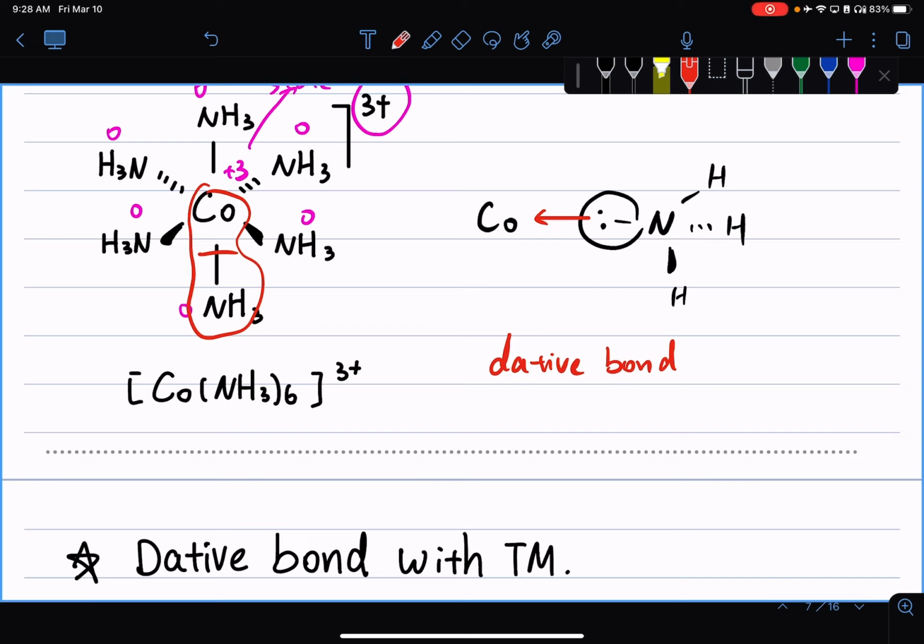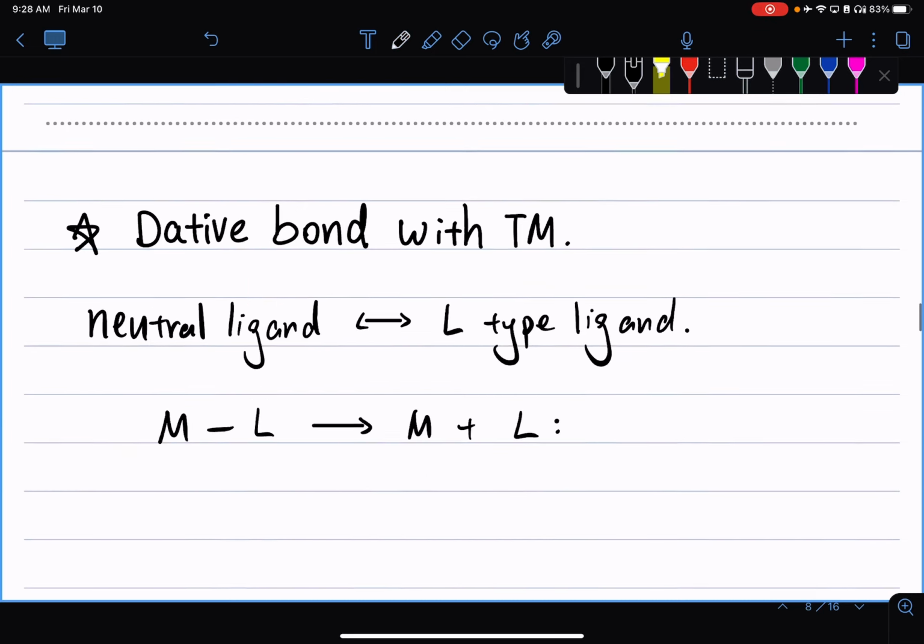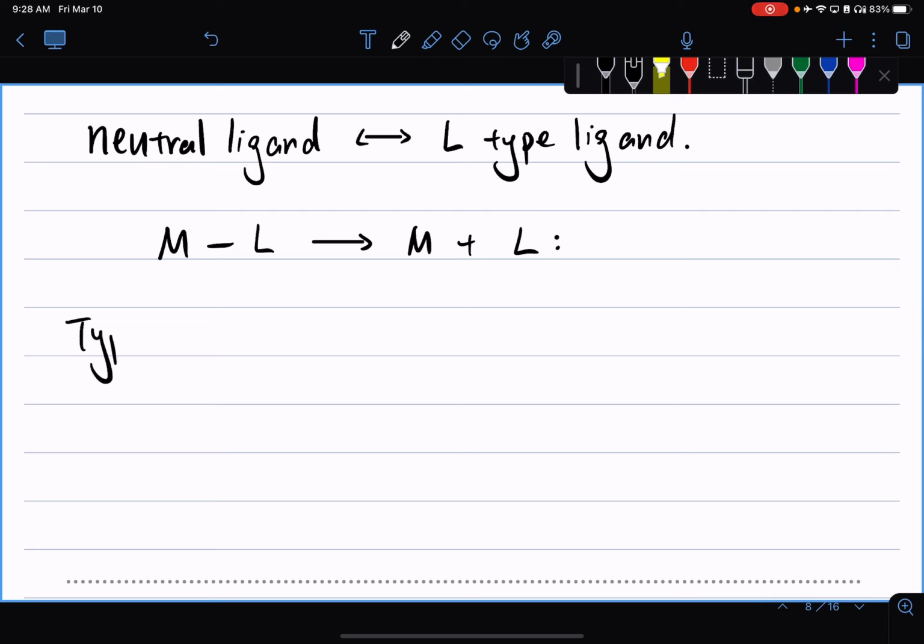So that is why, in making a dative bond, we call these neutral ligands or L-type ligands. A typical L-type ligand will have lone pairs to bind onto the transition metal center. Again, these are neutral ligands.